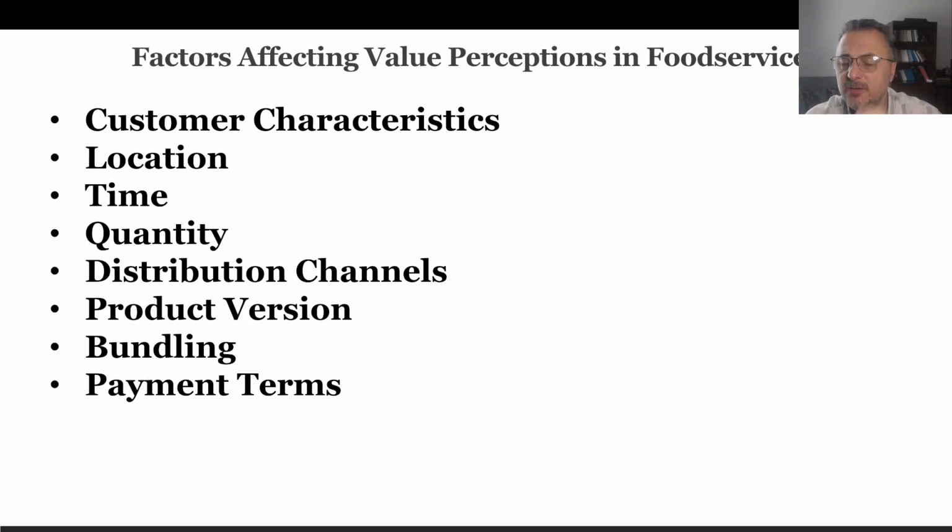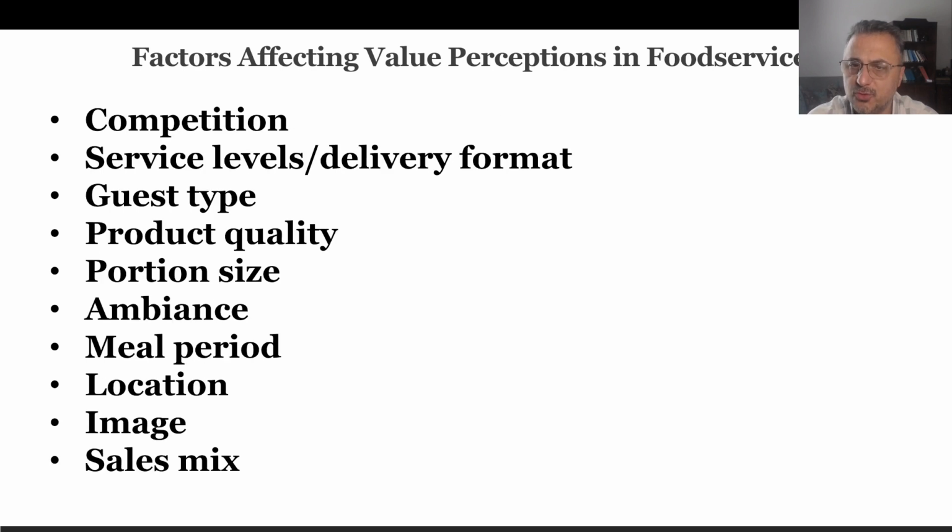Now, while we are talking about implementing differential pricing strategies, we already talked about factors used by service industries in previous chapters, like customer characteristics, location, time, quantity, distribution channels, product version, bundling, and payment terms. In addition to those more traditional factors, we need to understand that food service operations have more unique characteristics from operation to operation.